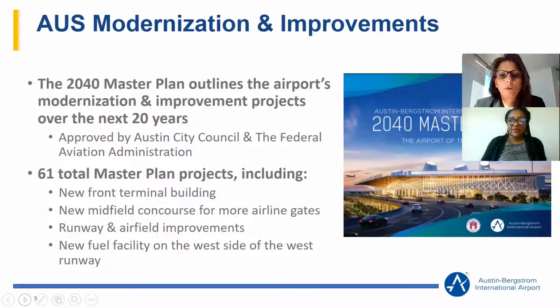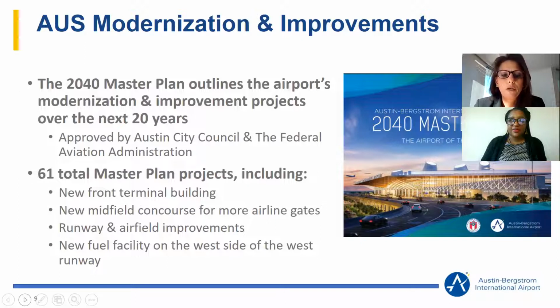With that, we want to give you an overview of the 2040 master plan for the airport, as an airport economic engine to the city of Austin and the neighboring community. We conducted a master plan for 2040 that has projects that are critical to continue supporting the airport operations and airline operations.